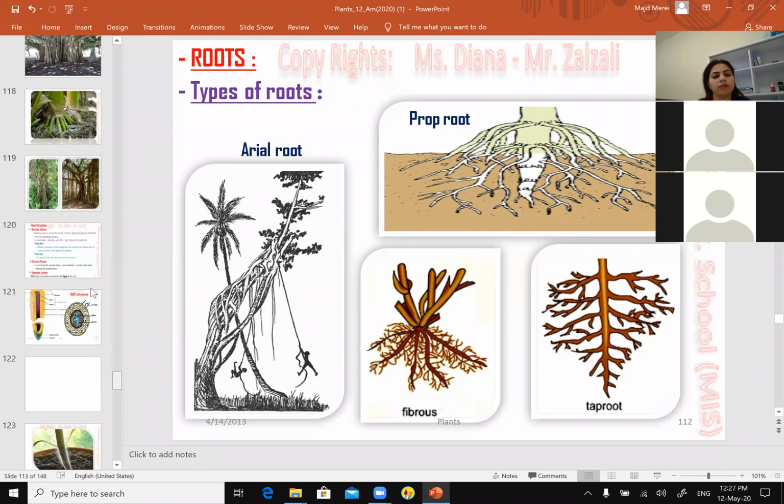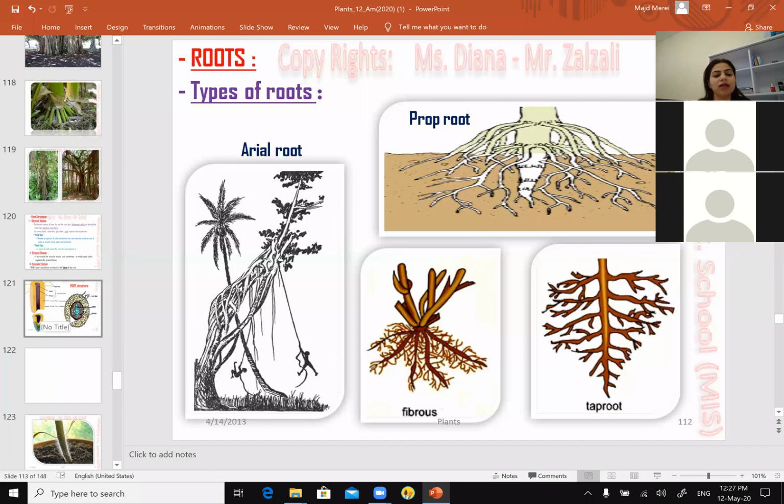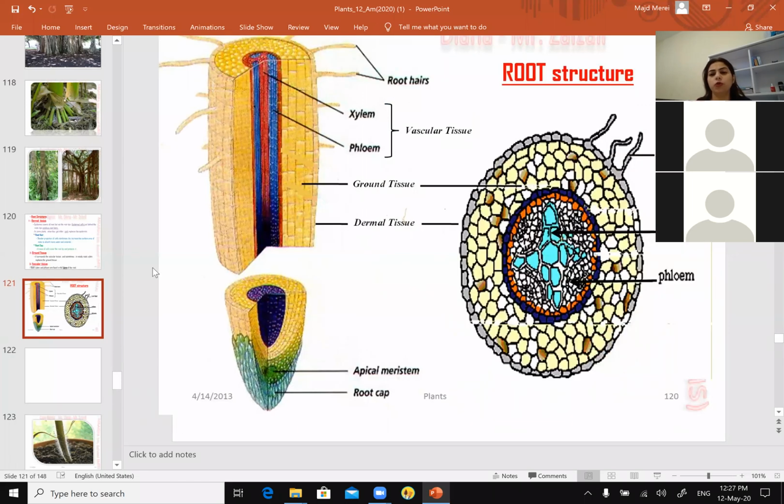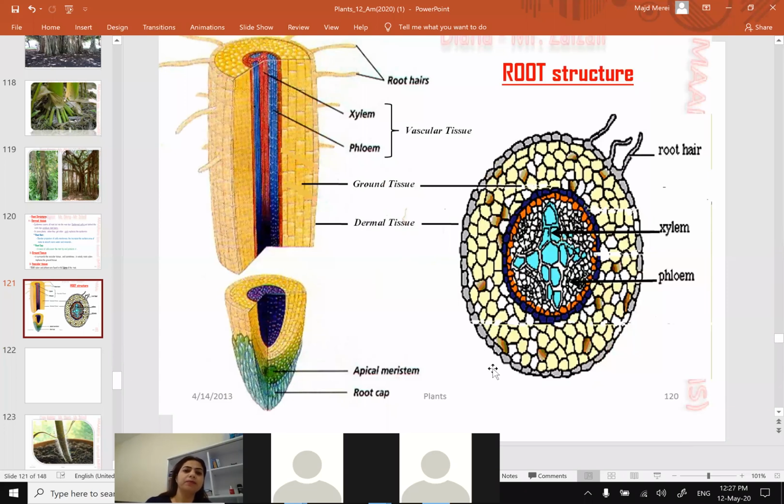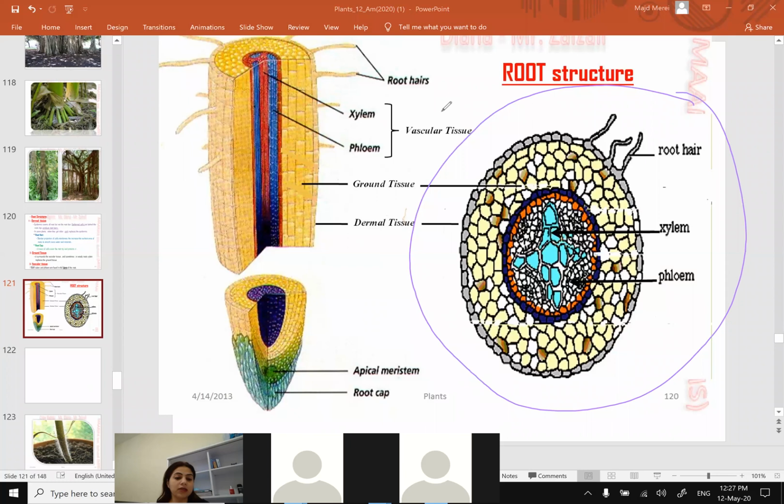No? Okay, so let's start now the structure of roots. I'm going to start with a cross section of the root, which is the diagram at the right, this one. As I told you, you should be able to label the three tissues: the dermal, the ground, and the vascular.